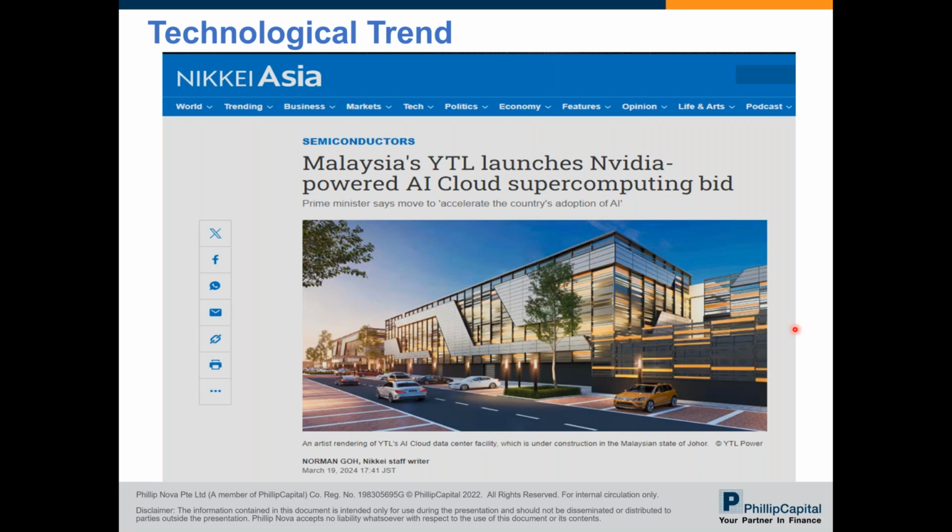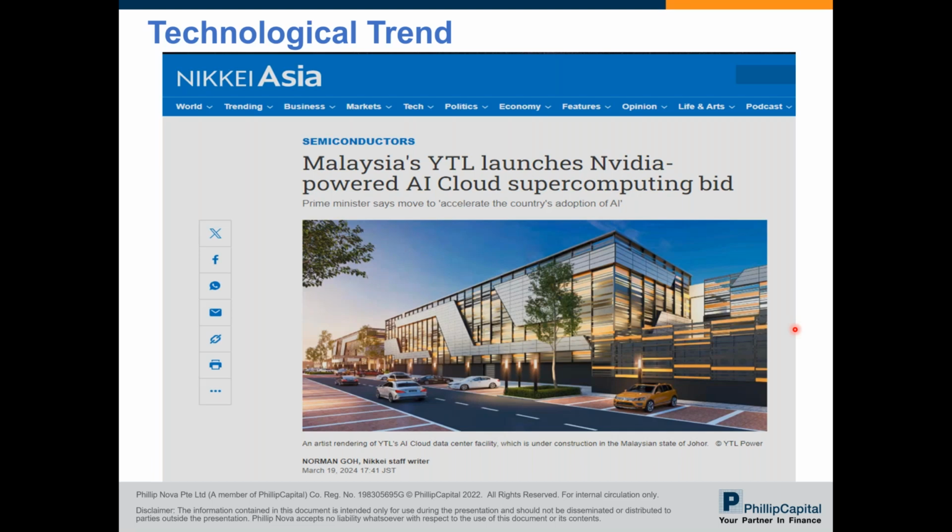YTL is basically a utility company, something like Sembcorp Industries. But in fact, most of their business is from Singapore. About 70% of their business is from Singapore. They actually own Power Seraya. About 20% of the business is from the UK.